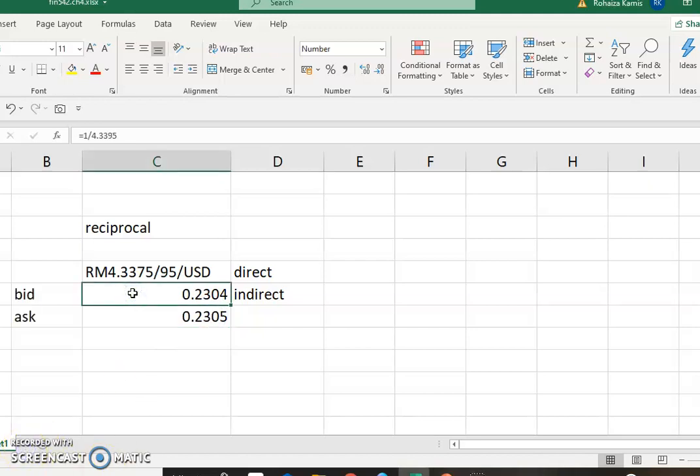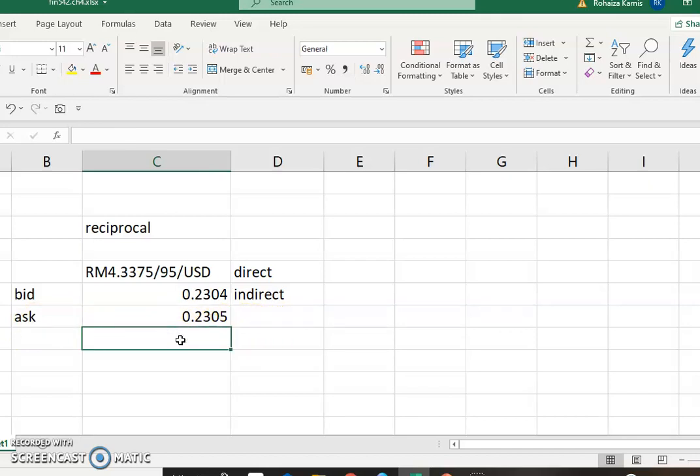So you see here how I'm doing the reciprocal. I take 1 over 4.3395, and this is the answer for the bid indirect quotation, and I take 1 over 4.3375 to be the ask for the indirect quotation.